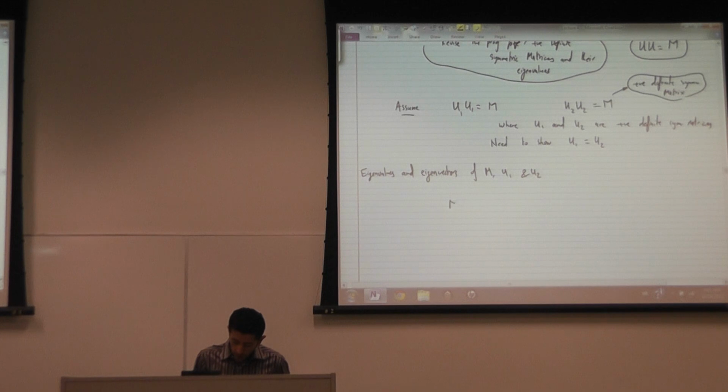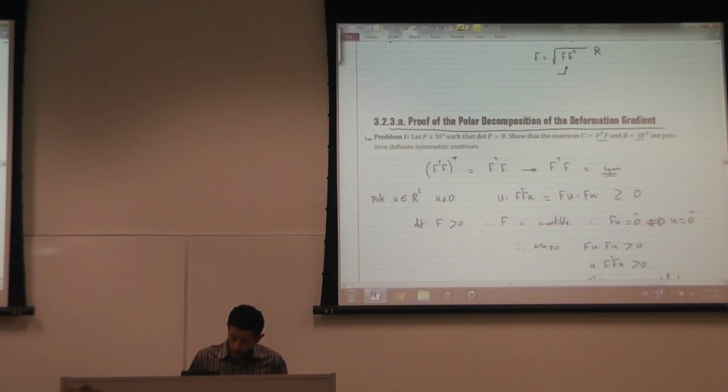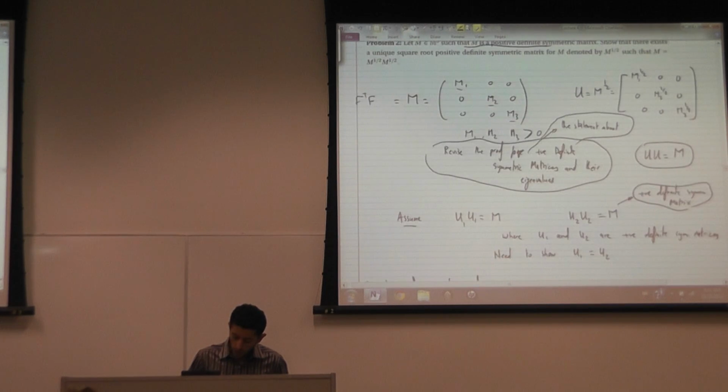So M V is equal to lambda 1, M1 V, where M1 is the first eigenvalue.